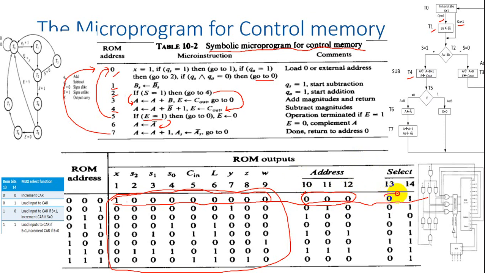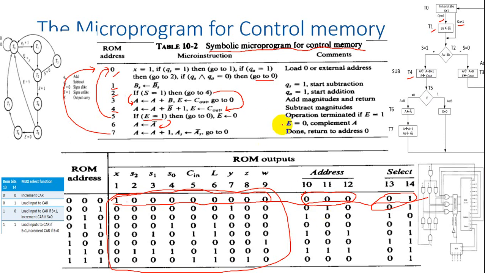So these are the branch control bits. Bit positions 13 and 14, they are the branch control bits. This branch control bit will be tested with the bit in the flag register. If the condition is found true, then this branch address will get loaded in the microprogram counter and you will jump to that address.